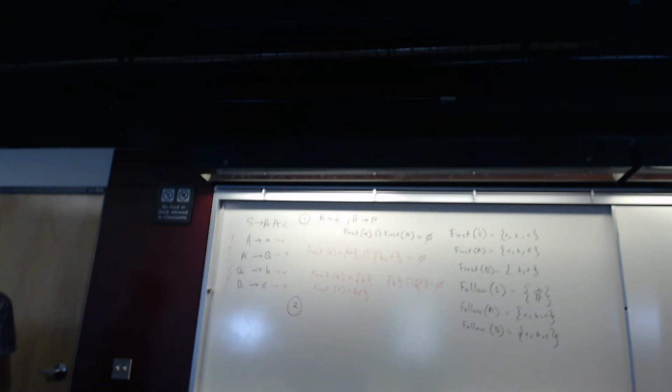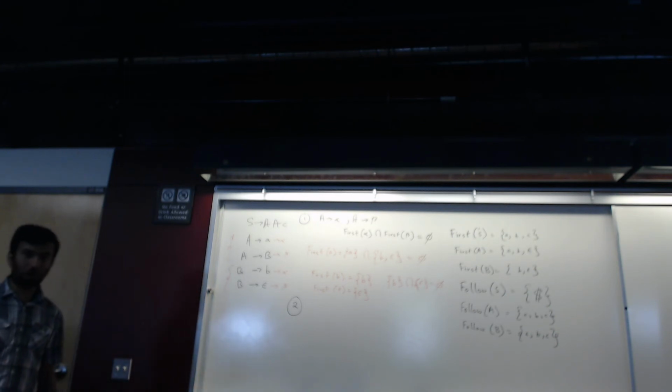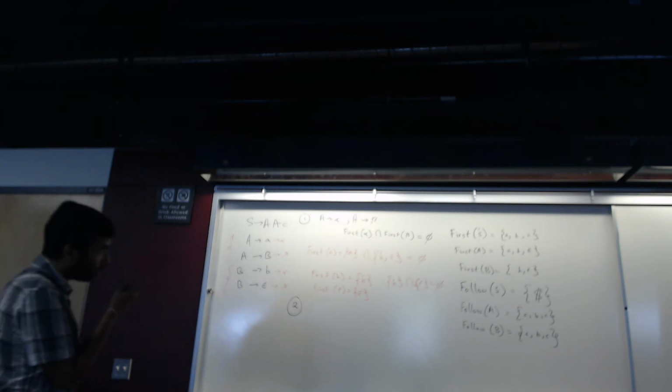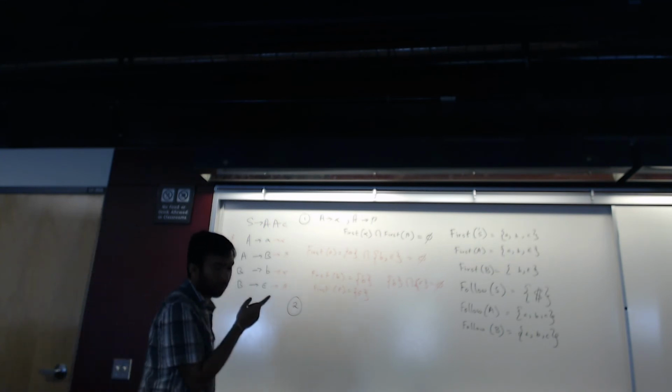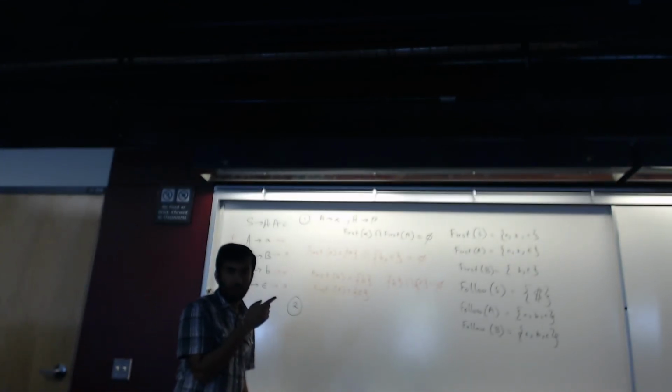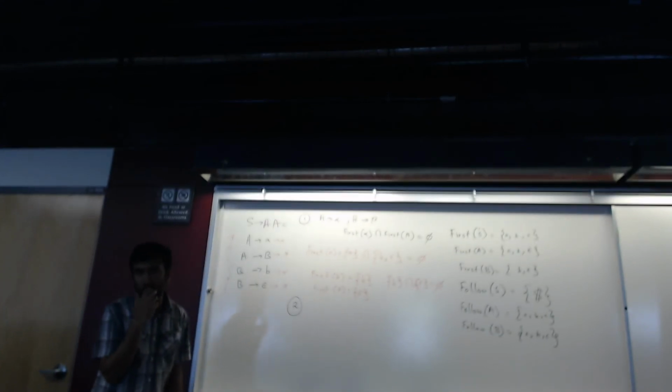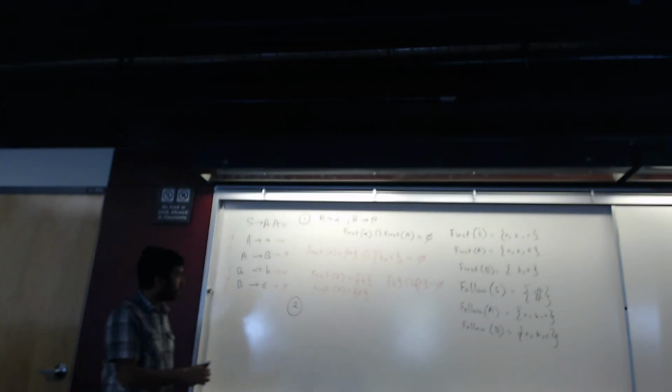So what we will have to do is look for all the non-terminals and see whether epsilon is there in the first of any non-terminal. What we see is that yes, capital A has epsilon, and capital B also has epsilon, capital S does not. So we'll have to check for both.